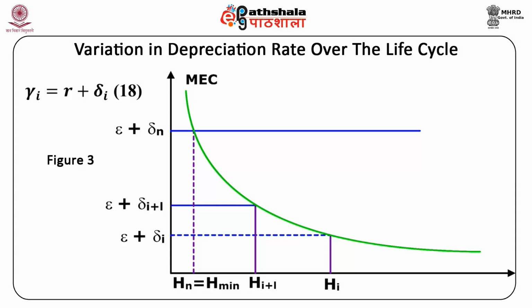As shown in figure 3, the amount of decrease in optimal stock is positively related to the elasticity of the MEC curve. The decrease in the stock of health over the life cycle is measured by differentiating equation 18 with respect to age.